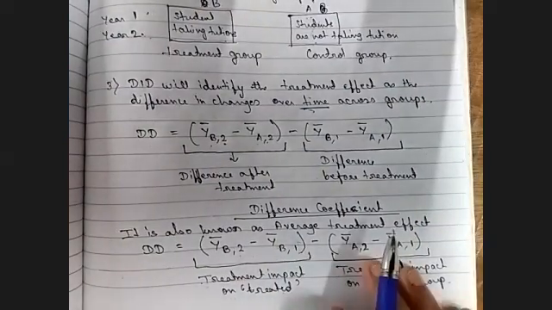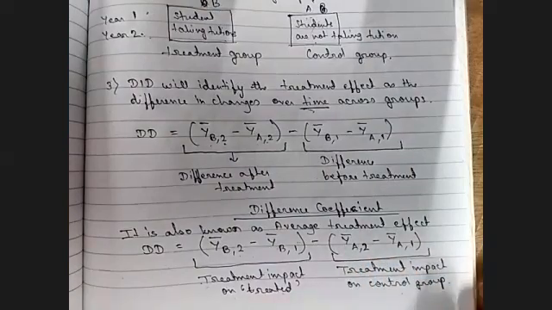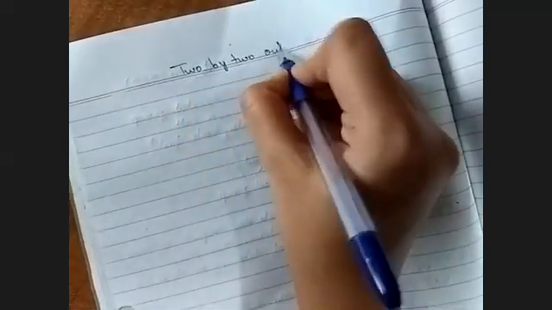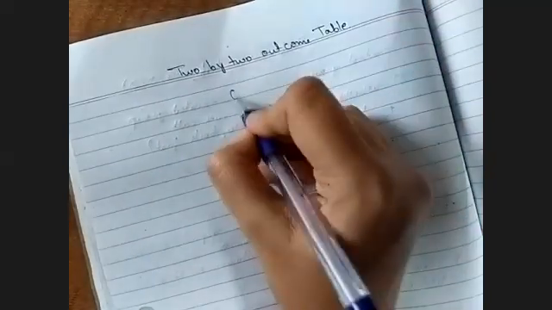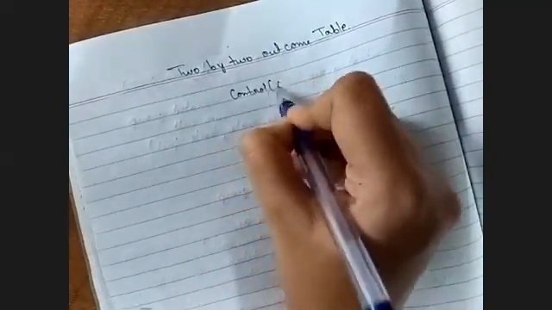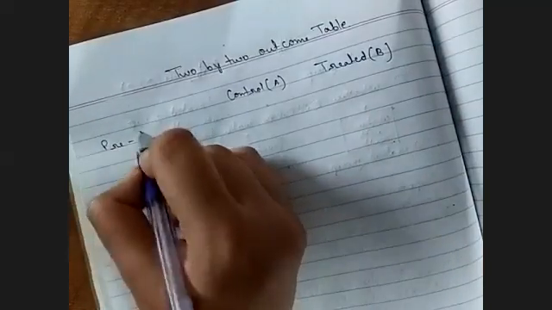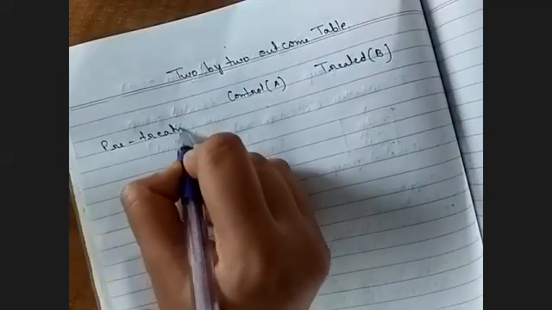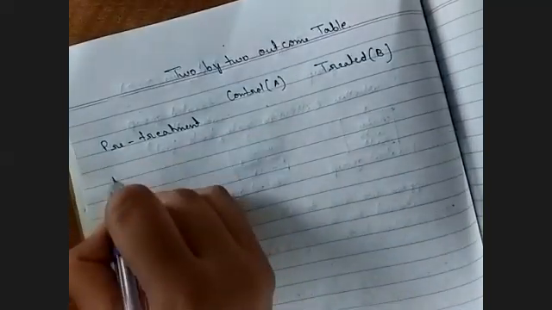Now, can I change the page? Yes. Okay, so we always have a 2 by 2 outcome table. The control group is called A and the treated group is called B. We have two results, pre-treatment and post-treatment.